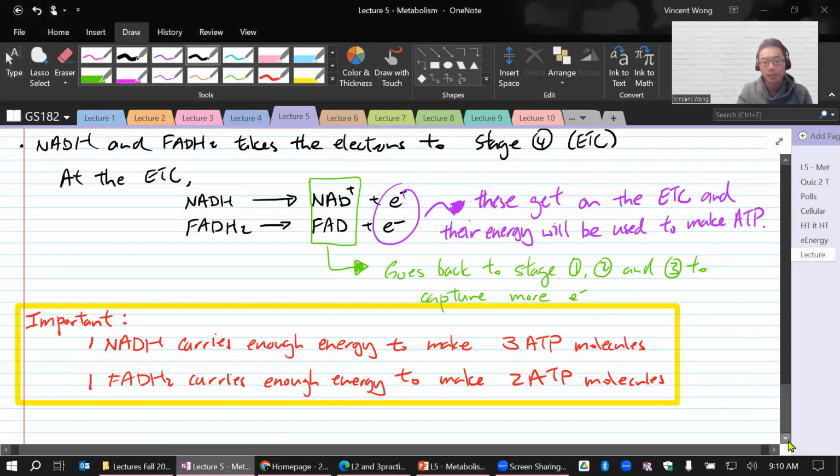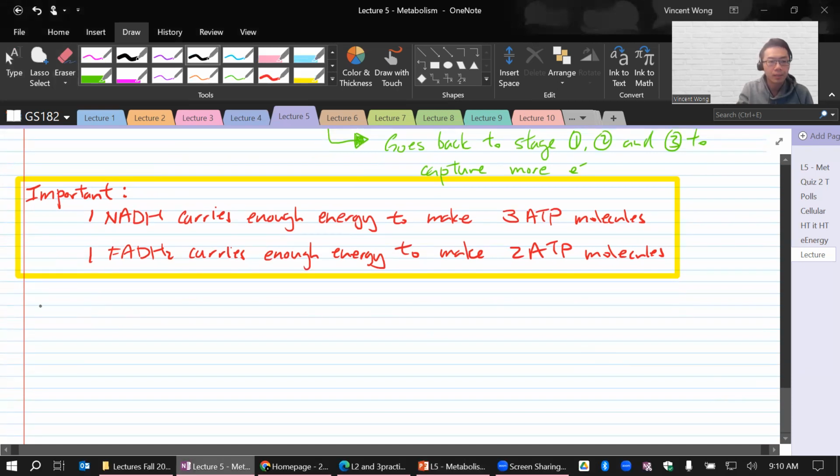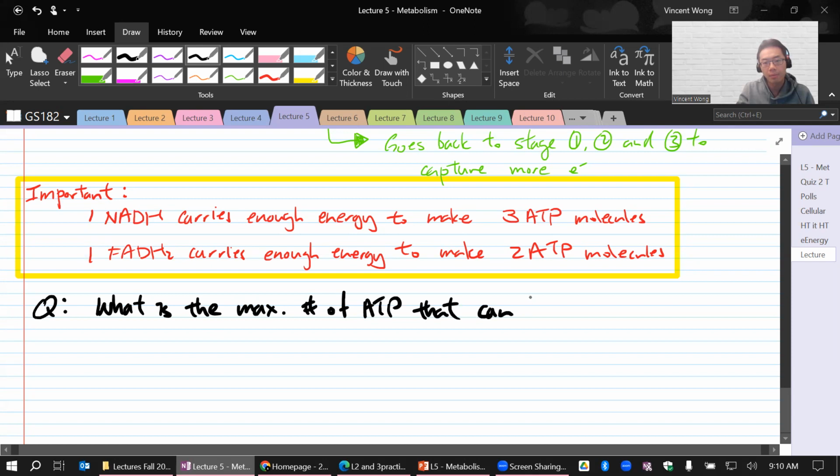Okay. Question. What is the maximum number of ATP that can be produced from 5 NADH and 2 FADH2?